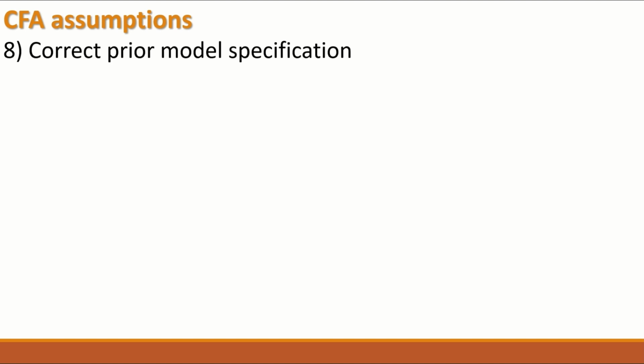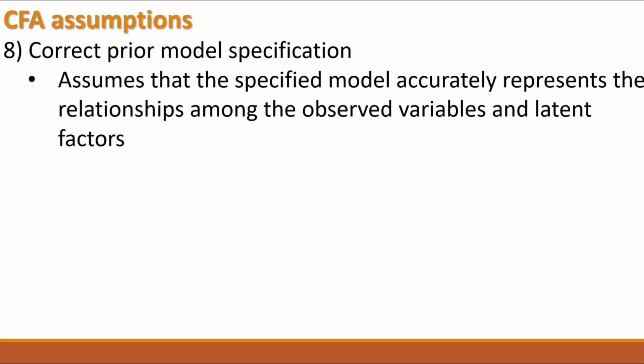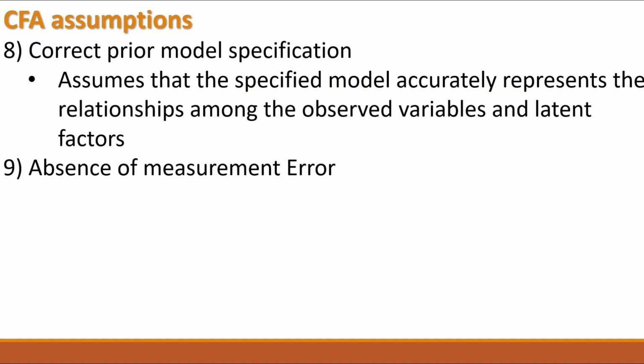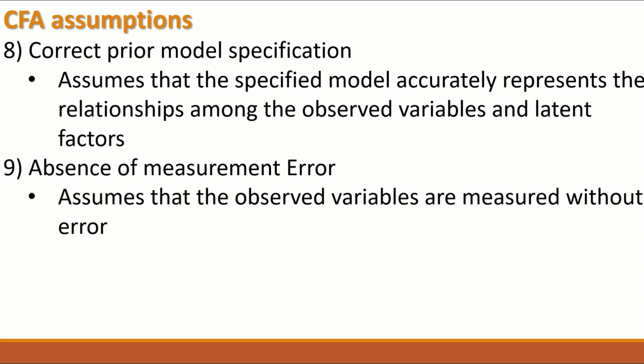The eighth assumption is that there should be a correct prior model specification. There should be a model with known factors and known items that load to each specific factor. It assumes that the specified model correctly represents the relationship among the observed variables and the latent factors, extracted from an outcome of the exploratory factor analysis. The ninth assumption is the absence of measurement error.